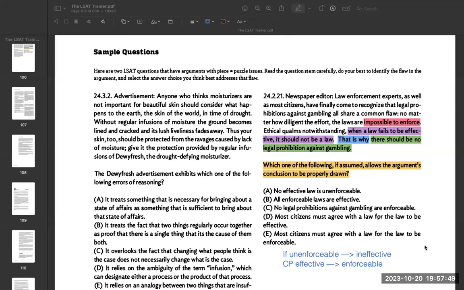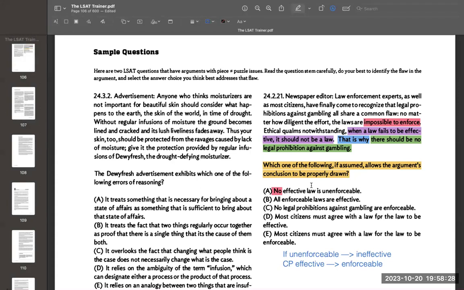Okay. And so one thing that we do if these statements aren't easy to understand, if it's not clear what the sufficient condition is and what the necessary condition is within this statement, is that we work on that conditional reasoning skill. Okay. So in this case, there's a word that indicates conditional reasoning in this statement, which is the word no. And so that's something that I could notice.